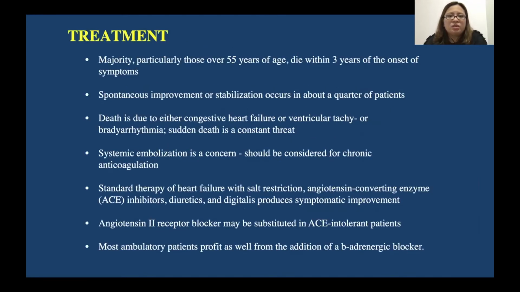Treatment includes use of standard therapy for heart failure with restriction of salt and water, use of ACE inhibitors, diuretics, and digitalis. ARB can be substituted in patients who are ACE intolerant, and most ambulatory patients can benefit with the addition of beta blockers.